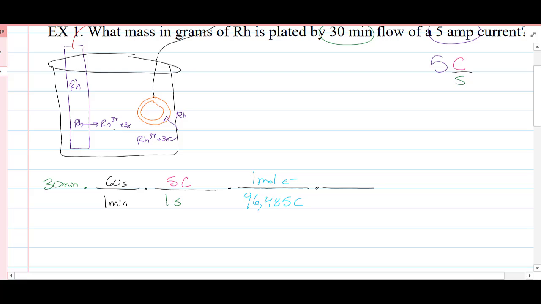And it's rhodium 3+ in this case, so 3 moles of electrons to 1 mole of rhodium. Finally, 1 mole of rhodium weighs 102.91 grams. If I do this math, I get 3.2 grams of rhodium.